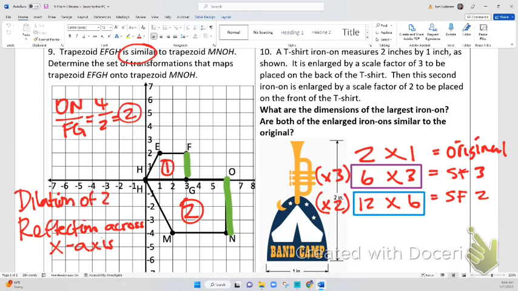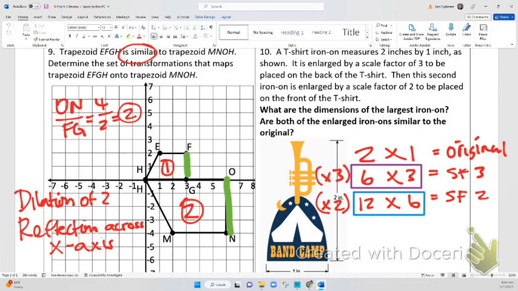And then they want to know, are both of the enlarged iron-ons similar to the original? Now remember, similar means that they have to have the same scale factor. Now notice that the second image had a scale factor of 3, the third image had a scale factor of 2.